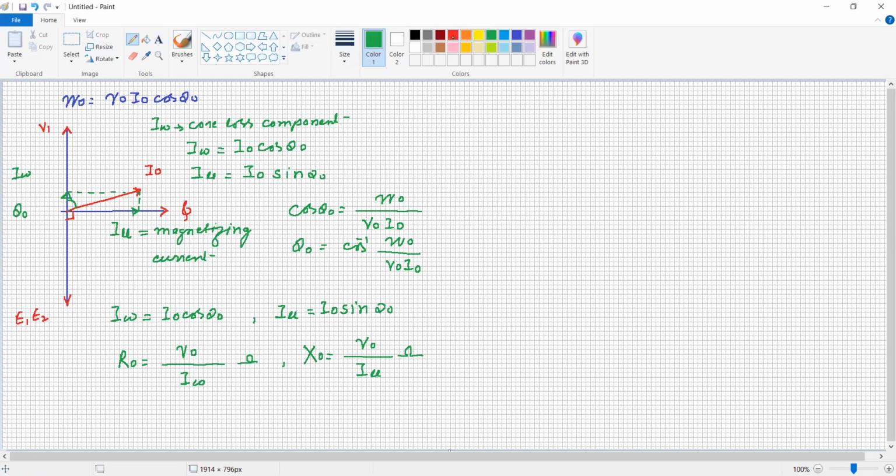So our equivalent circuit becomes like this. From the open circuit test, we can find the equivalent circuit parameters, that is, the shunt parameters.